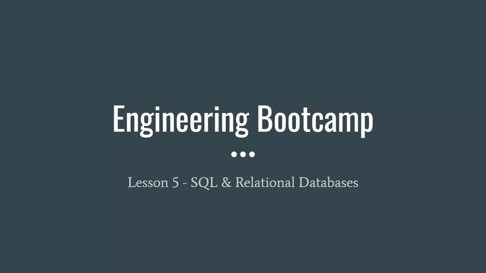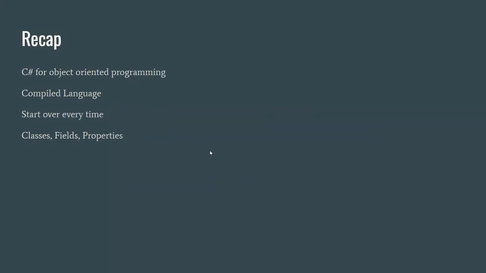Okay. Awesome. All right. Engineering bootcamp. So far last week we covered the different components of a computer and how a program runs on them. You learned and wrote some C sharp code, and you started learning the basic structures of object oriented programming.